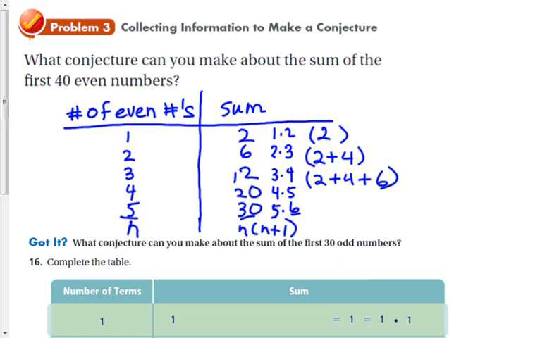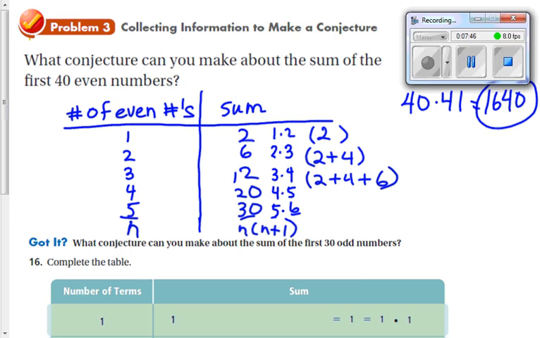So my conjecture for the sum of the first 40 even numbers is we're going to do 40 times 41, and that's going to equal 1,640. Now, you could try that, of course, and just add 2 plus 4 plus 6 plus 8 until you've added 40 even numbers. So that's the idea there. Go ahead and try the got it and see how you do.